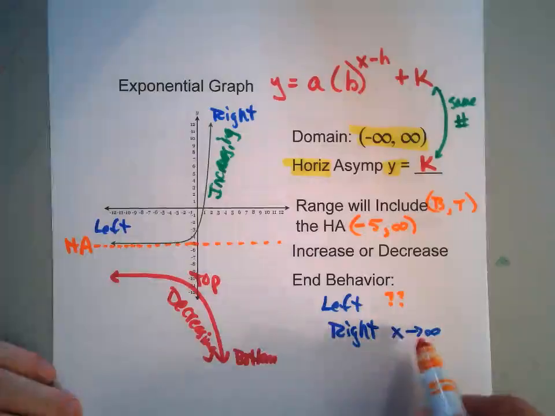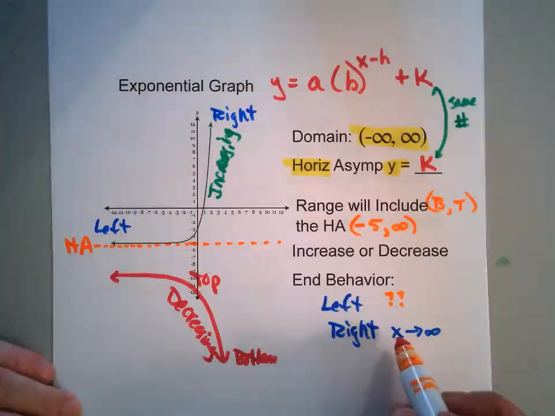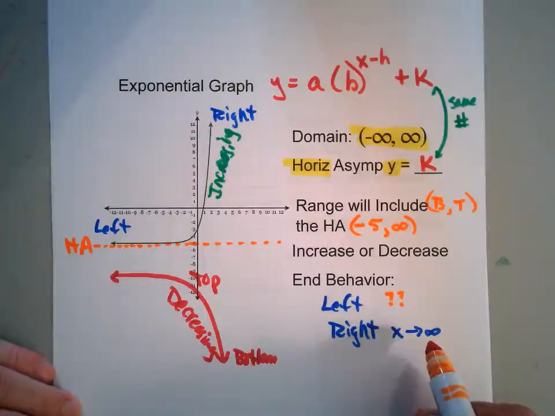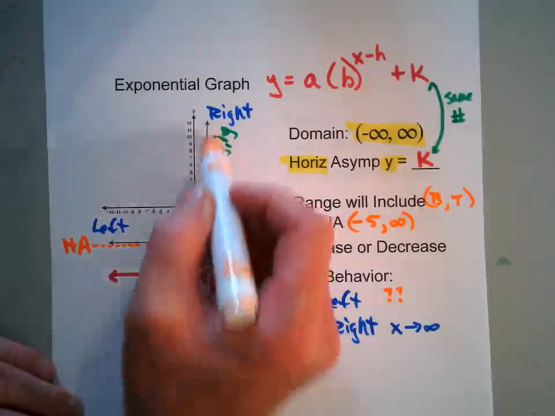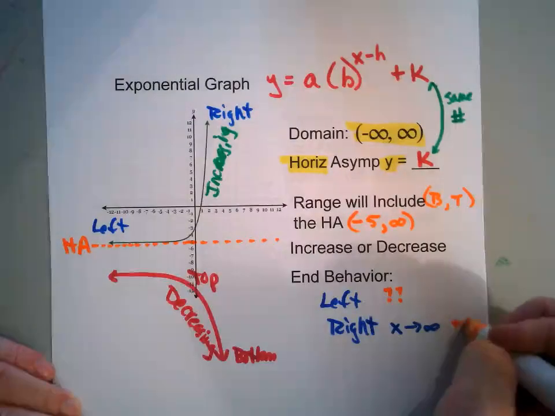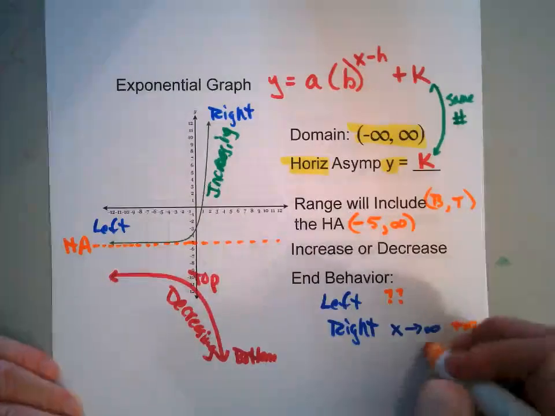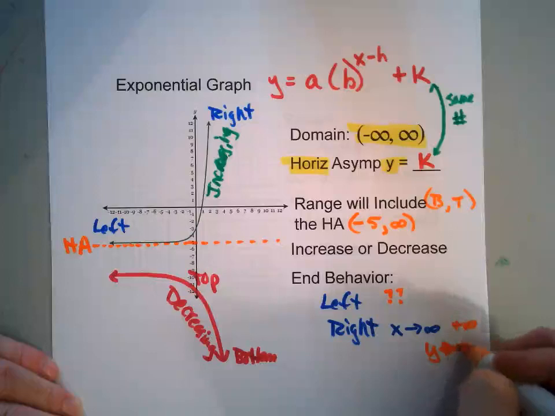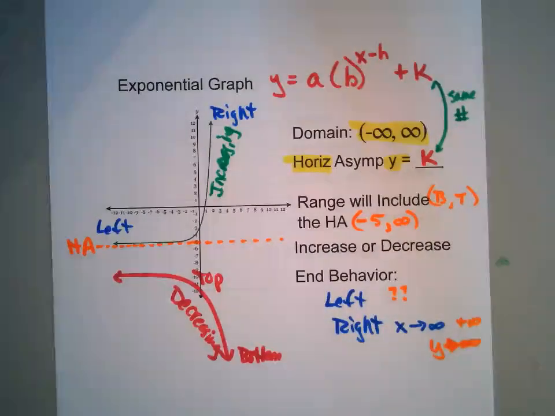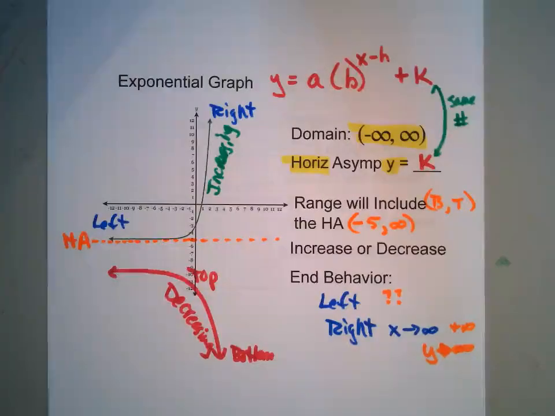The right-hand side is always going to say as x goes to infinity. As x is going to the right, we are going to positive infinity, and it'll give us a choice to say y goes to positive infinity.